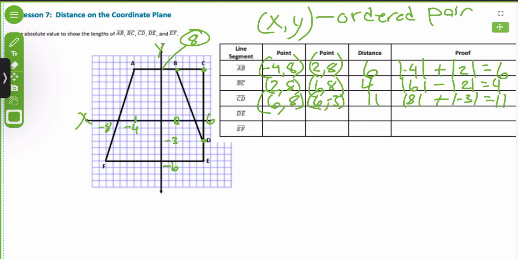Okay. We know D, that's 6, -3. So let's find E. What is E? Well, we know it's going to be on the 6 for the X. What's the -6? So if it's down, it's negative, and if it's to the left, it's negative. Okay? Now, how do we find the distance? Are we going to add or subtract here? We're going to subtract. Now, when we subtract, how do we do that?